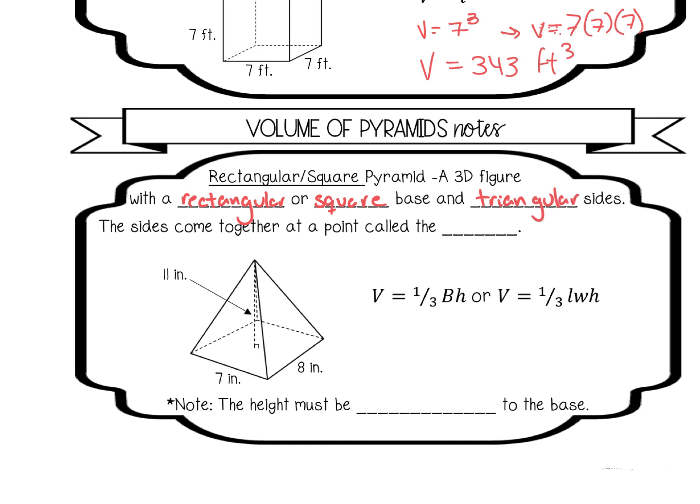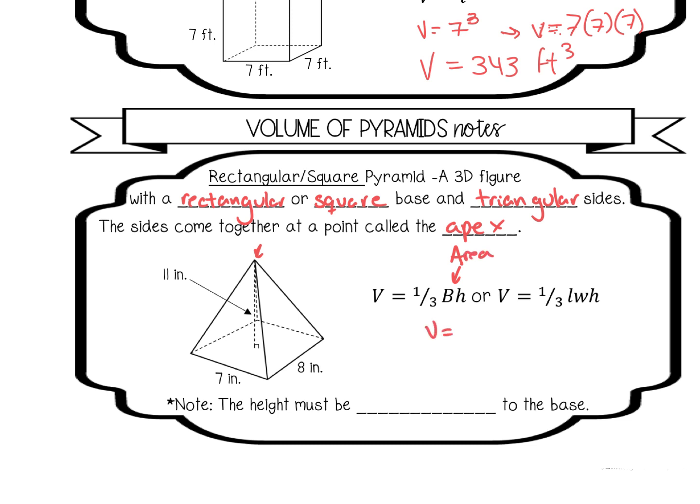The sides come together at a point called the apex. This is the apex, guys. So again, the volume is 1/3 length times width times height, or base times height, this being the area of the base.